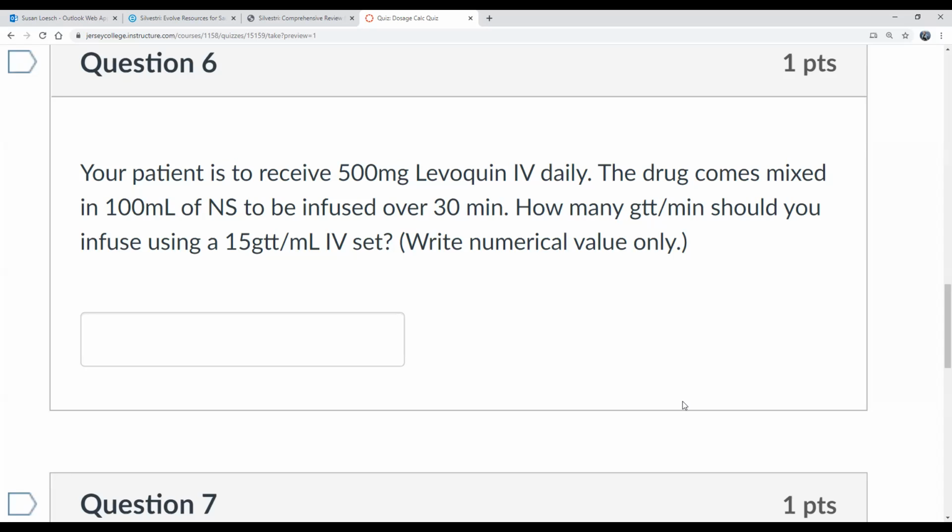So what's our volume here? 100. It has to be something with mLs behind it, because it's a volume. And what's our time? 30 minutes. So it's already in minutes for us, so we don't have to do anything with that. And what's our drop factor? 15.